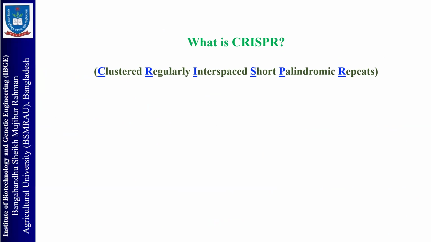So, what is CRISPR? Clustered regularly interspaced short palindromic repeats. Palindromic means, for example, Papa, or any sequence that remains the same when you reverse it. CRISPR is really amazing, and it is present scattered in many of the bacterial and archaeal genomes.